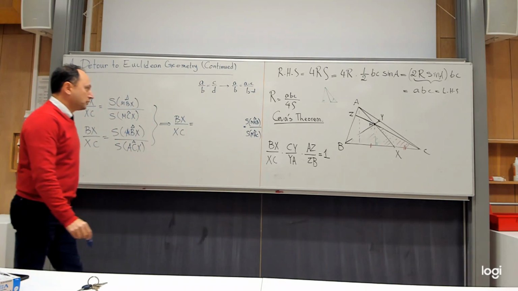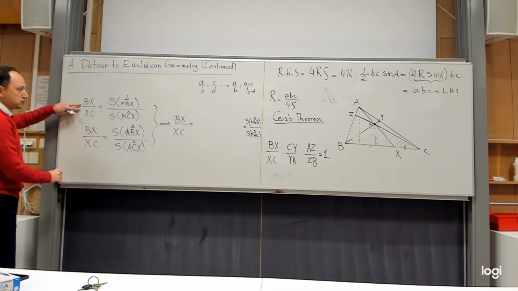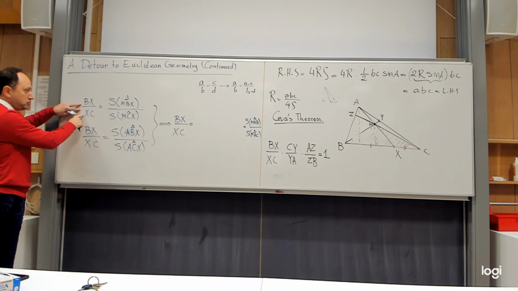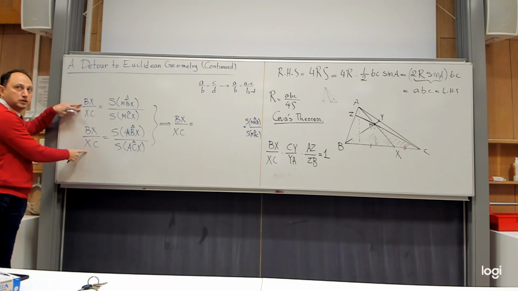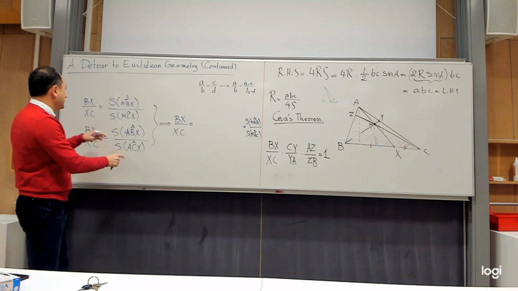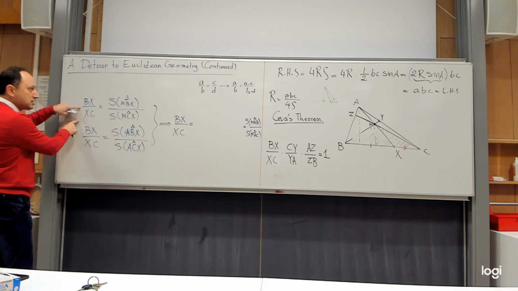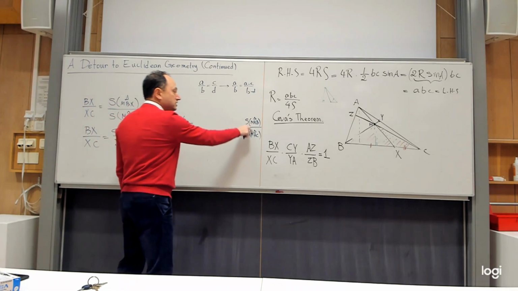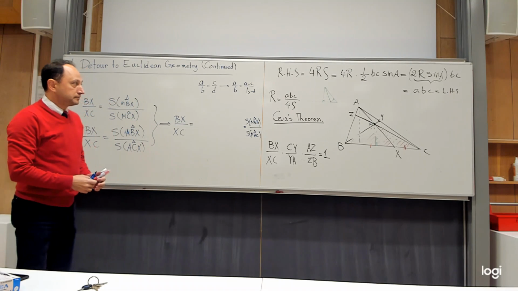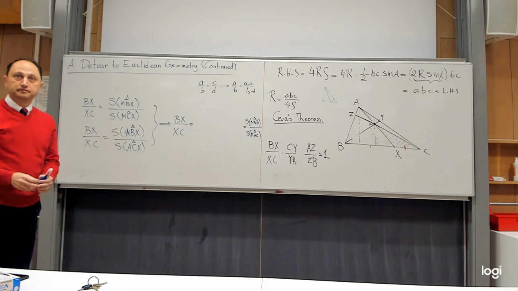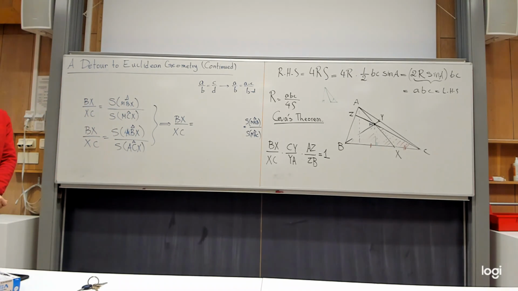Yes, I want to claim that if this is true and this is true, I hope that you agree with me, both of them are true, I can conclude that the same fraction is also equal to this. Why is that? This is not trivial.